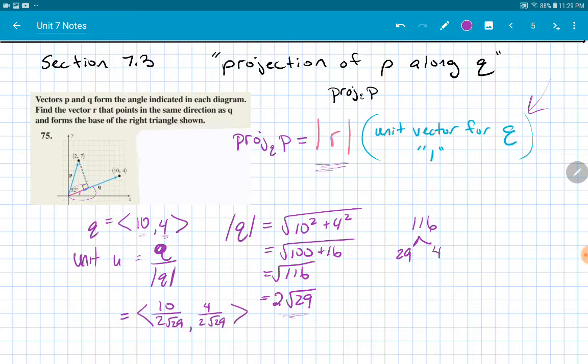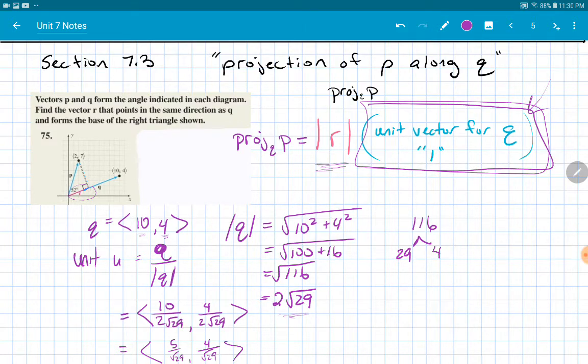I get my pointy bracket, and I'll simplify that. 10 divided by 2 gives me 5 over radical 29. I'm going to leave it in unrationalized form, though, because I'm going to do some more math to it, so there's no point in rationalizing it at this point. All right, okay, so I have this part now.